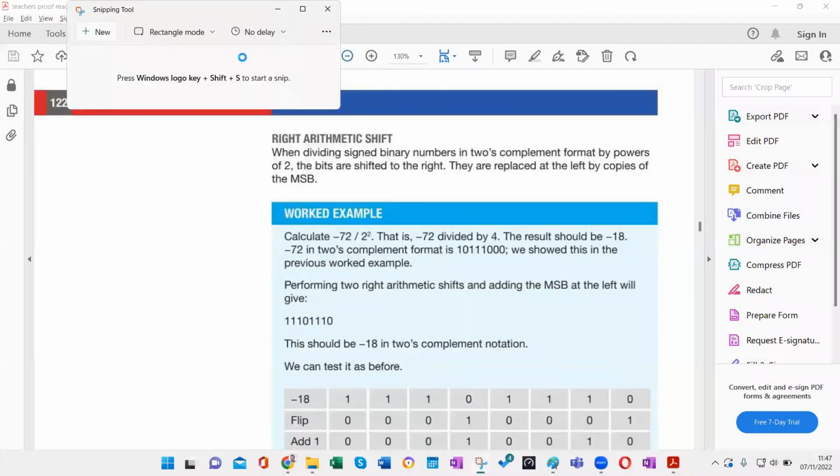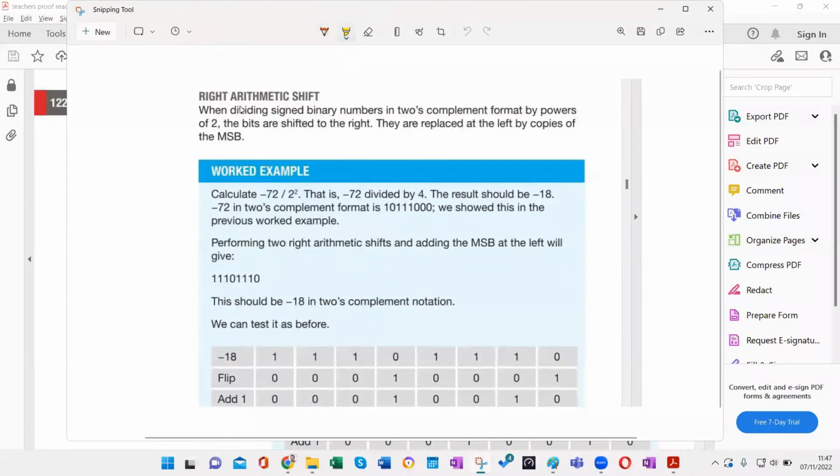Okay, here it says, when dividing signed binary numbers in 2's complement format by powers of 2, the bits are shifted to the right. That you already know. It's same as logical shift.